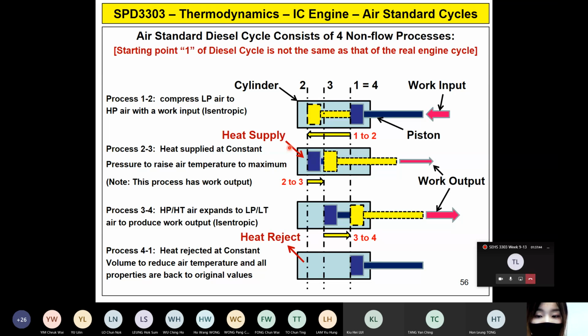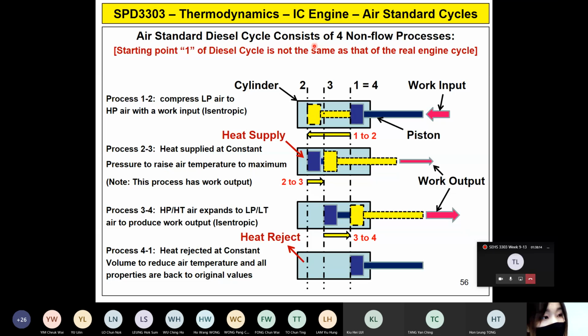So by these assumptions, we have this air-standard diesel cycle, just like what we did for the air-standard Otto cycle. We make assumptions and build up an ideal model to perform the basic analysis, to have a look at the thermal efficiency.